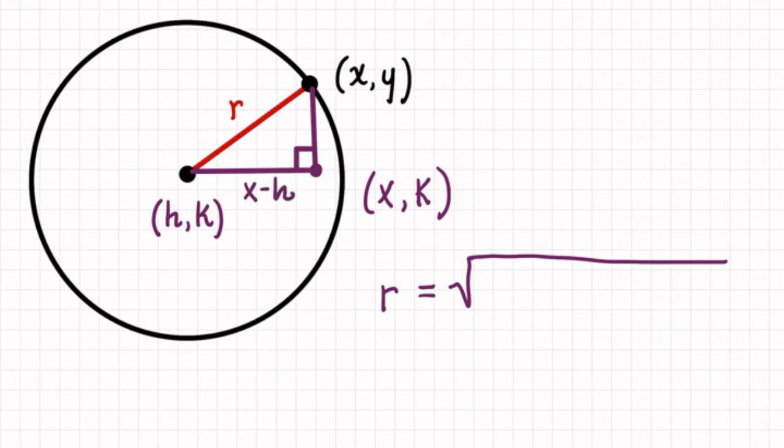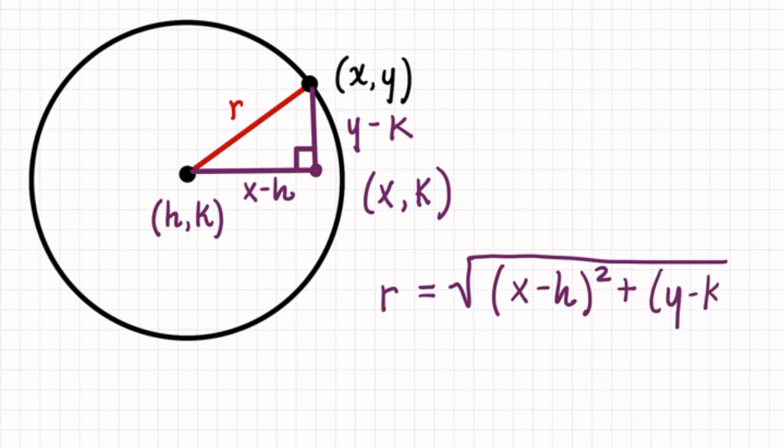And our vertical distance is going to be y minus k. So if we put the two legs of our right triangle in, we have x minus h squared and y minus k squared. We have our distance formula. And as we saw from Pythagorean, if we square this, r squared, we get our circle formula.